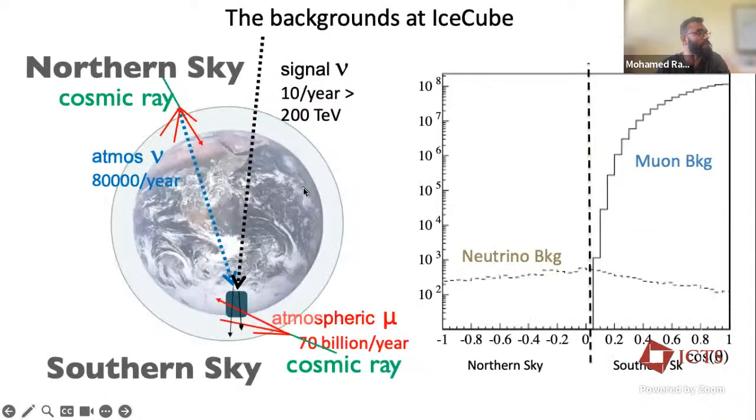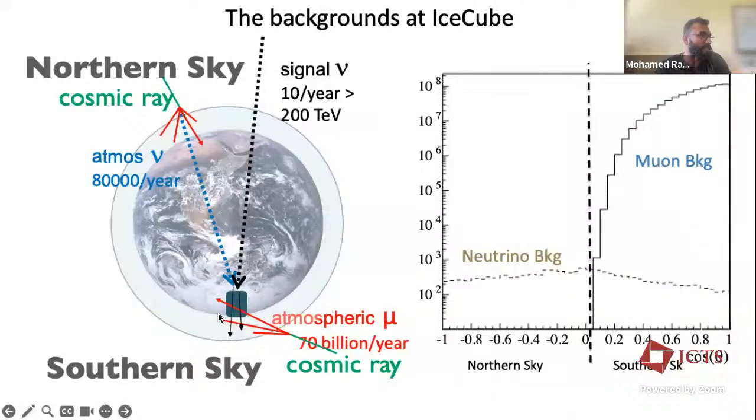If you were to take the number of triggered events, keep only track-like events, and make a distribution of their directions, more specifically their zenith angle, then you would see a distribution that looks like this.